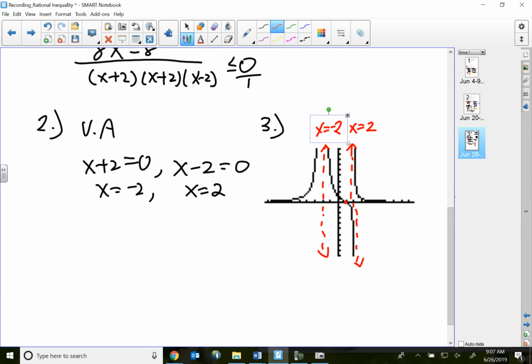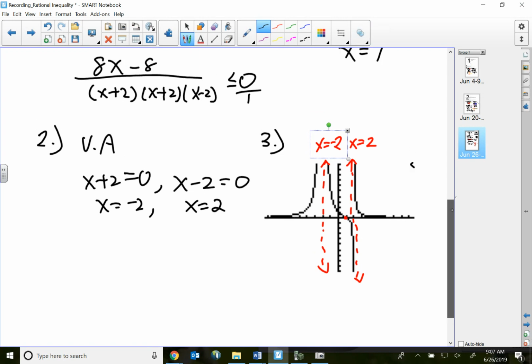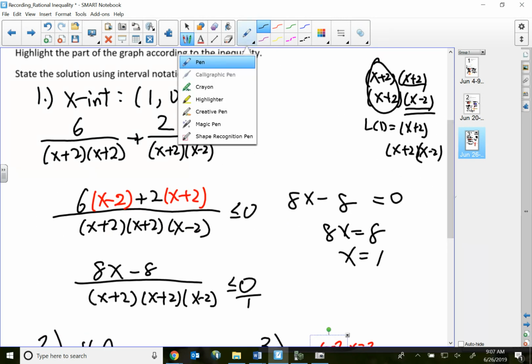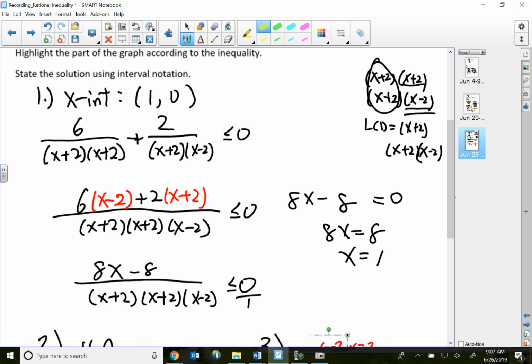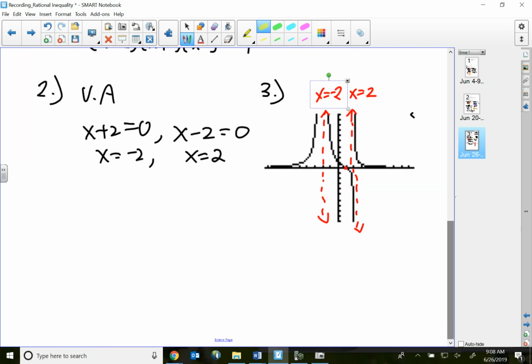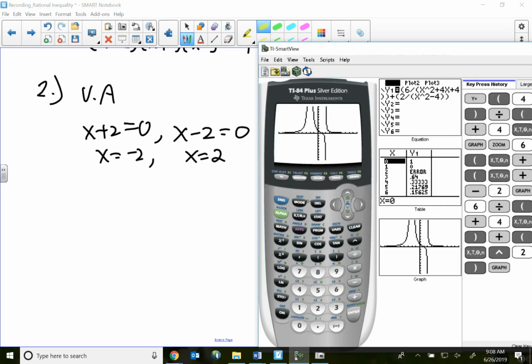All right. So I'm looking for the function that is less than or equal to 0. So that's below the x-axis. Hold on a minute. Did I do this right?